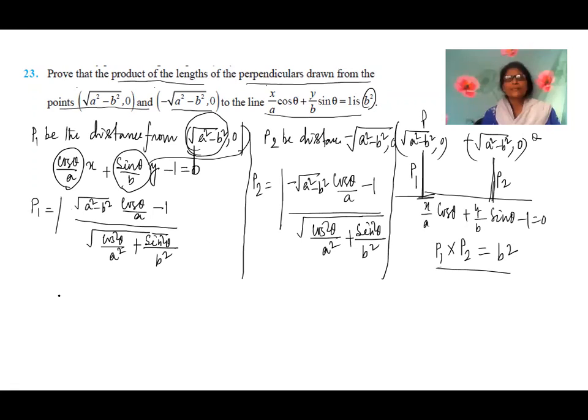So we'll multiply them, P1 into P2. Both have the same denominator, so when multiplied there will be no square root.